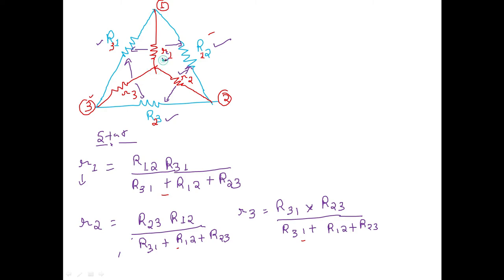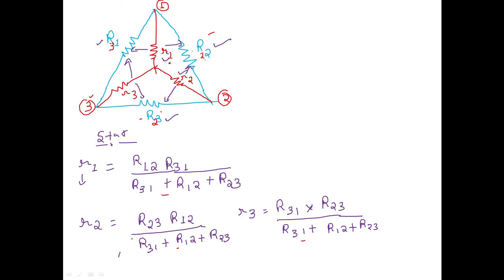If you are taking R1, we see the opposite resistances of R1, which are R12 and R31, and the denominator remains the same for all three equations. If you are seeing R2, then we go for R23 and R12. In the similar way, for R3, we look at R23 and R31, and in the denominator the summation of all the outer resistances. So this is the way we find the star network in a complex circuit.